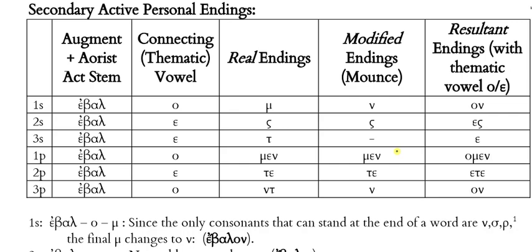Anyhow, let's take a look at the forms here real quickly. And you've got the persons, numbers, and then what's being attached to the stem. So augment plus the aorist active stem of ballo is ebal. Our connecting vowels, of course, alternate between omicron and epsilon here. And then we learned these real personal endings the last chapter for the imperfect, and then they're modified here.